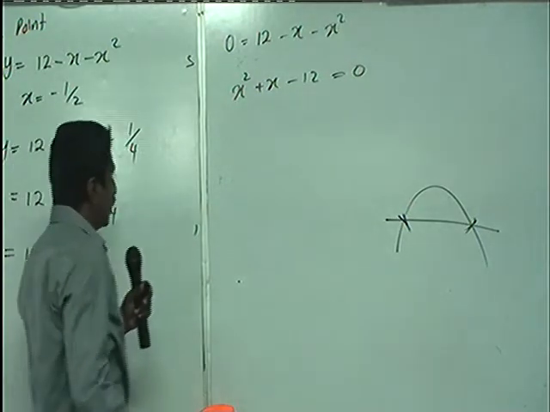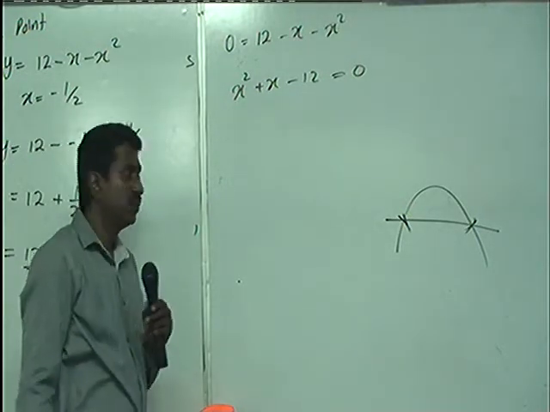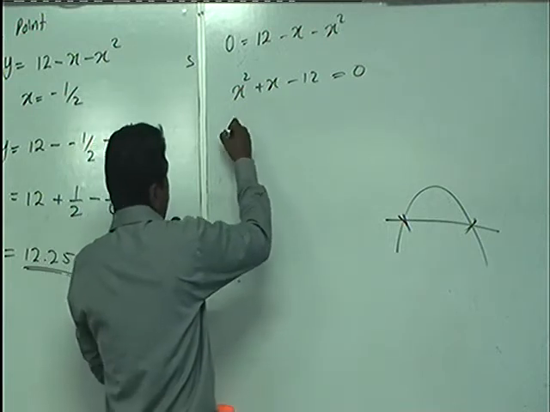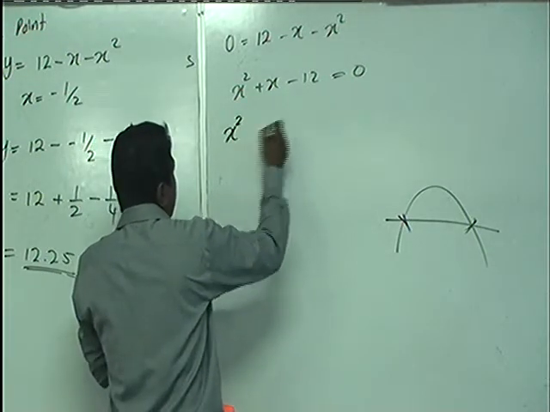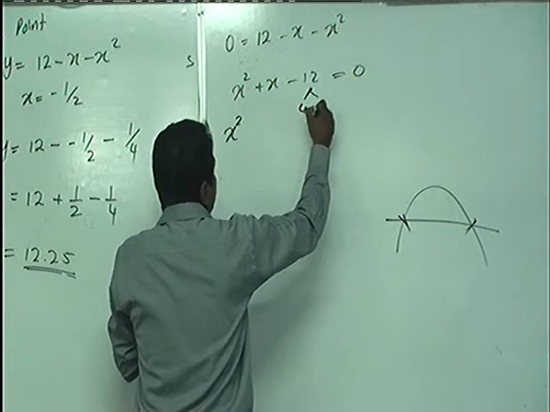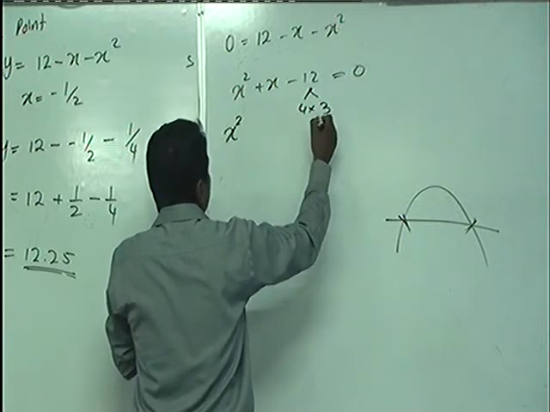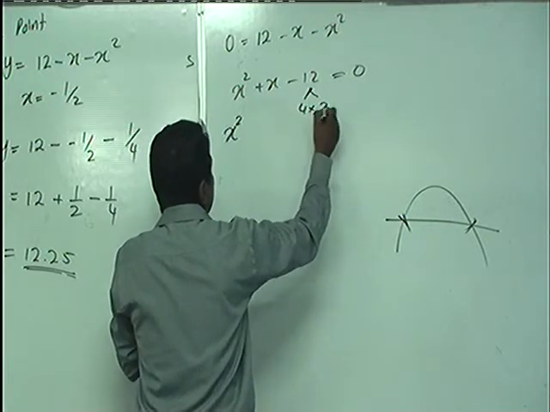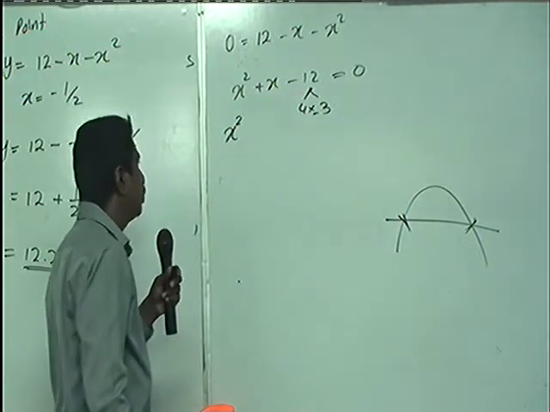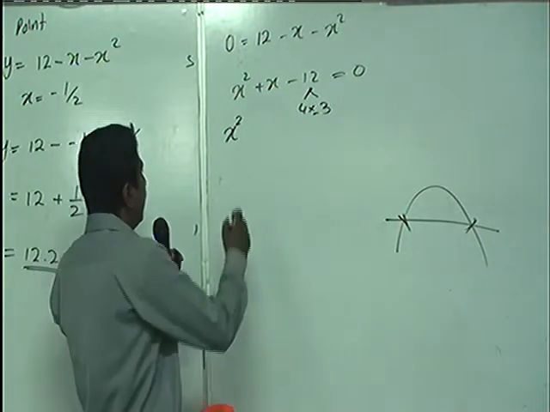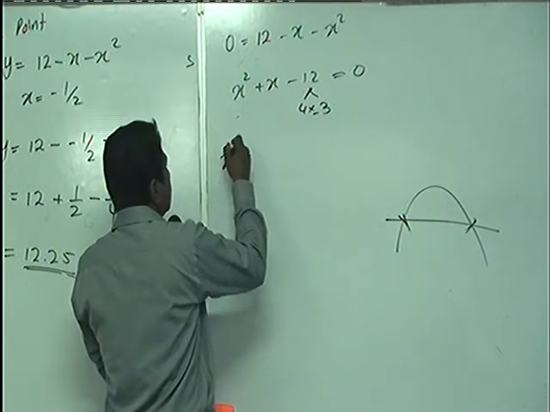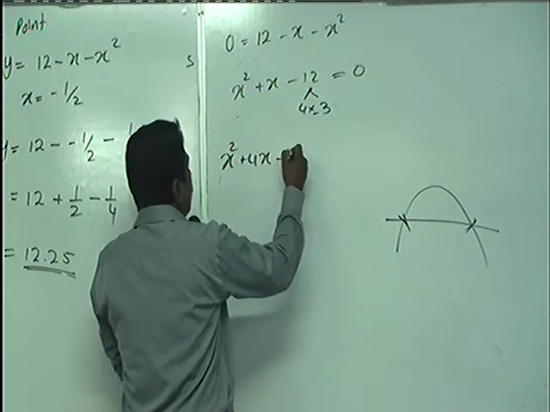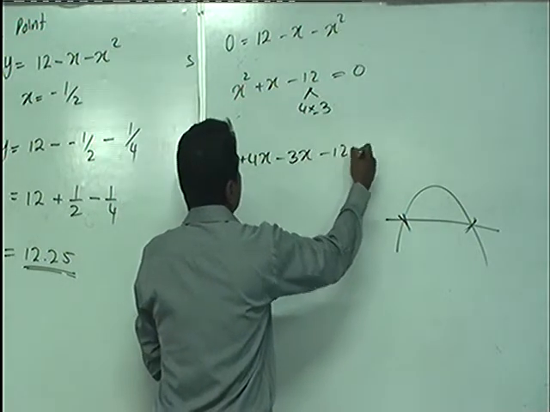Now you can use the calculator's equation mode, or the factoring method. I will do the factoring method. For x squared and 12, 12 is 4 into 3, and 4 plus minus 3 gives 1. So x squared plus 4x minus 3x minus 12 equals 0.